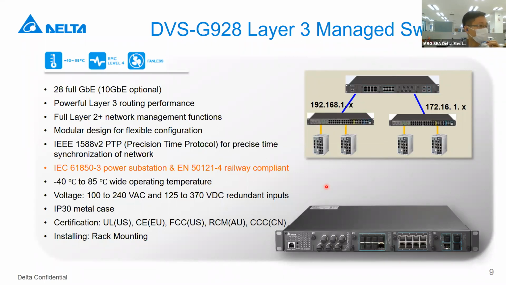For this one, you can see it's a modular design, so you can decide whatever you want. We support 28 gigabit Ethernet ports, and also fiber communications. And for certification, we support a lot, you can see here.